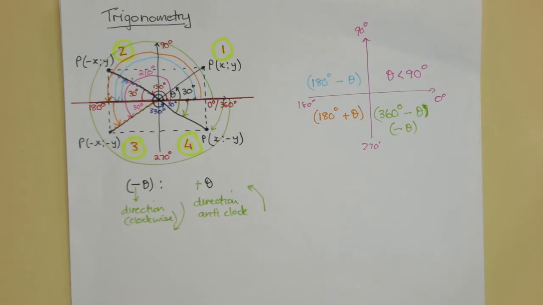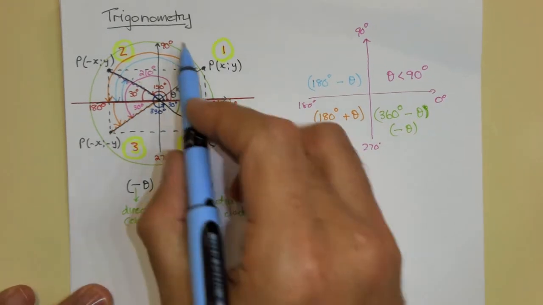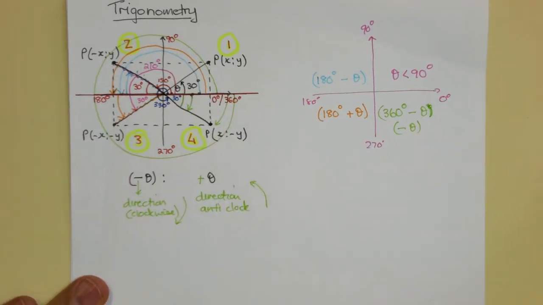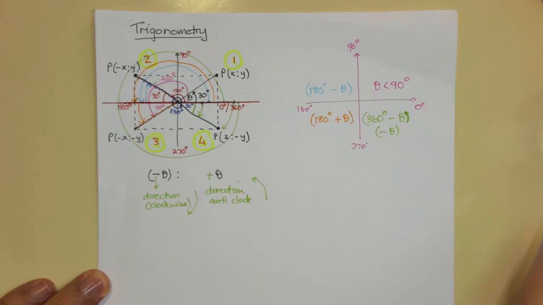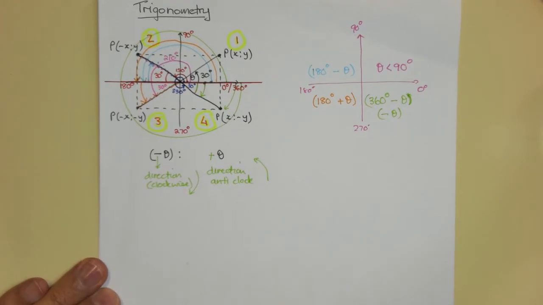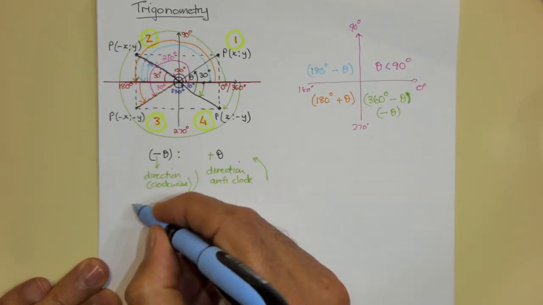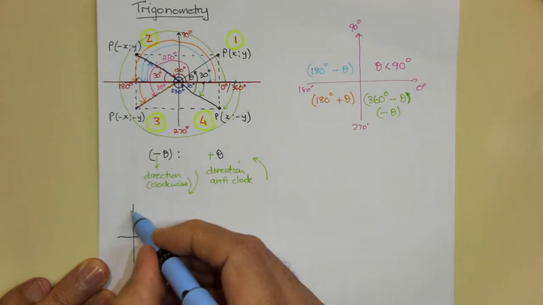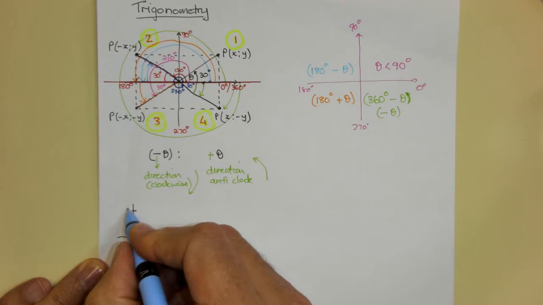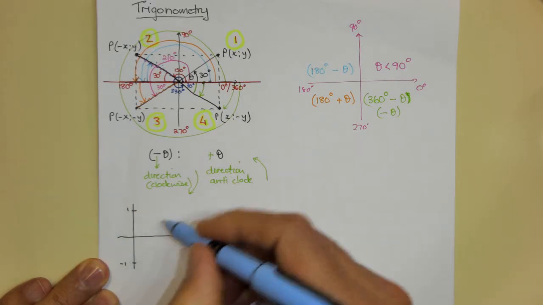Now folks, this links up beautifully with what you have learned in grade 10 about your function. If we draw, let's just look at one function, let's look at the sine function for now. If I draw my sine function, we know sine maximizes at 1, minimizes at minus 1.